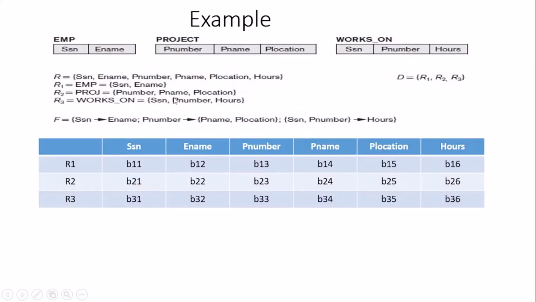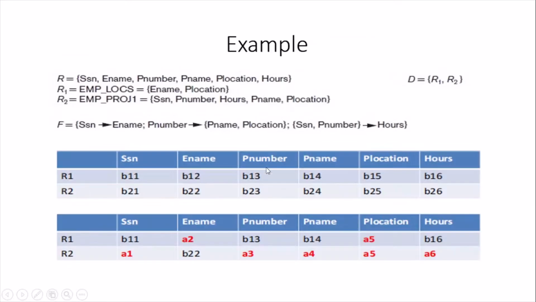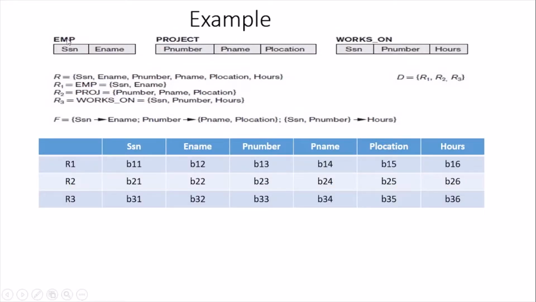So let's see one example that preserves the non-additive join property. You have employee, project, and works-on, three relations. After you have the original universal relation R, you decompose that into employee, project, and works-on.